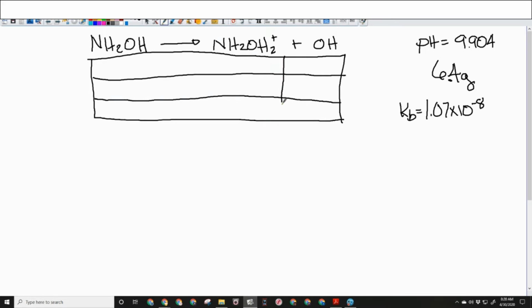You just have different little pieces of information that you need to use. Just like before, we have a pH, but that tells us the strength of the hydrogen. We need the strength of the OH. So I'm going to take 14 minus 9.904, and that's going to give me 4.096.